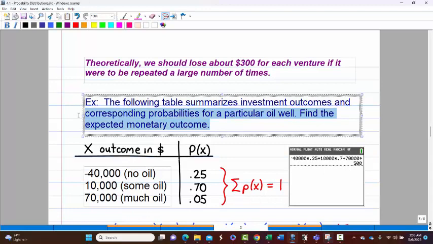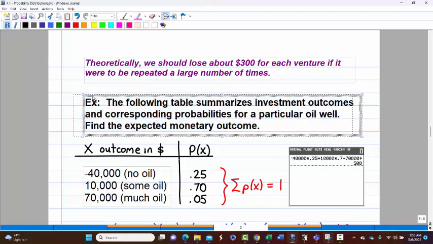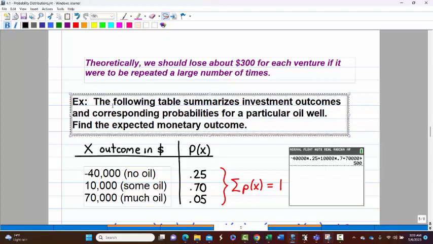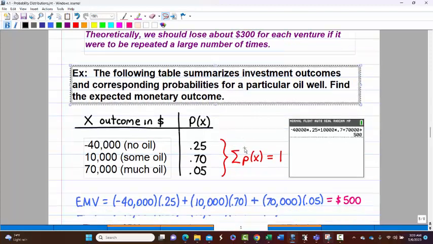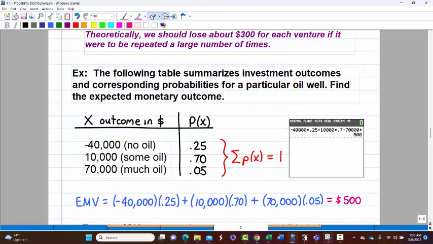This example came from another book. It's kind of interesting because there's no real definition here of what no oil, some oil, much oil means, but that doesn't affect the problem, so it's not that big a deal. So some oil drilling experiment: if it was no oil, we lose 40,000, and we have a 0.25 probability of that happening.